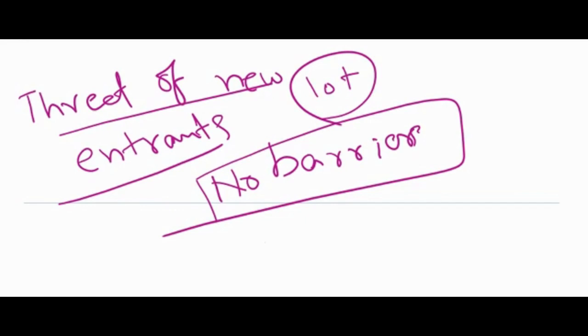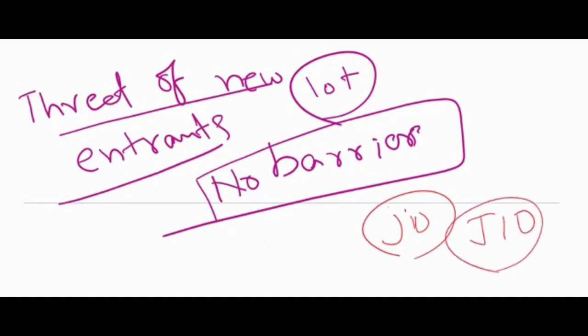And sometimes there are government regulations or patents that also create barriers to new entrants. Another good recent example is Jio. Reliance Jio, what happened? They came into the market, then all telecom companies got hit. So he is a new entrant.